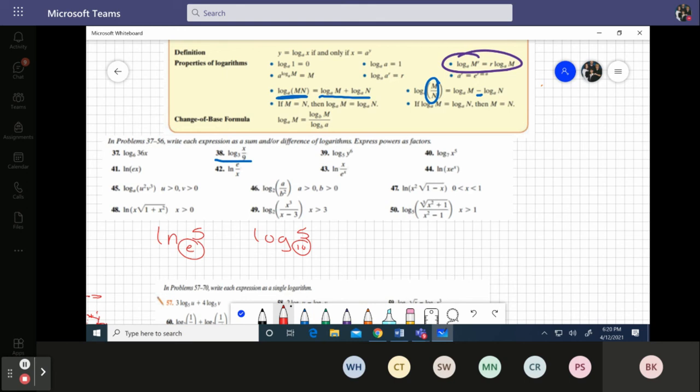So right now for 41, I have the natural log of e times x, which would break down to the natural log of e plus the natural log of x. And you got to remember there's that given e down there, which lets me take this whole section and make it into a 1.